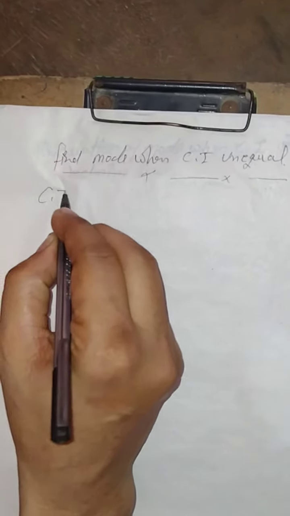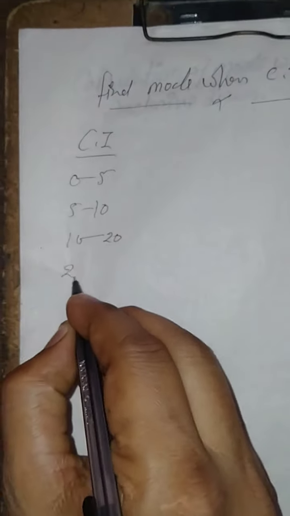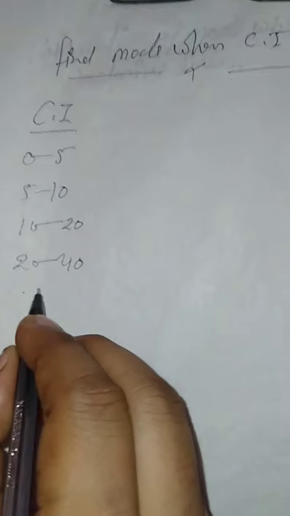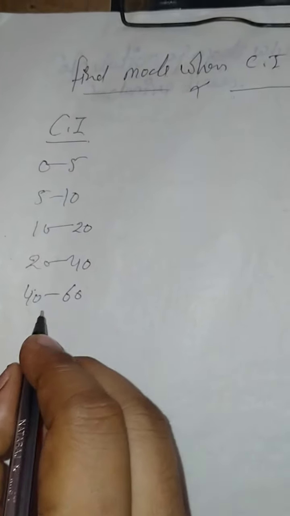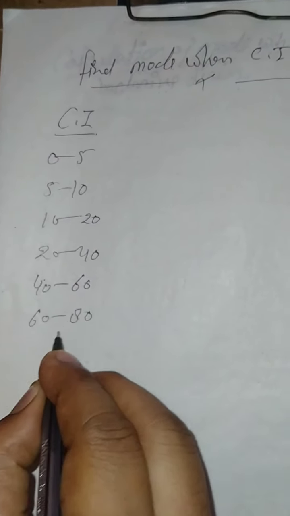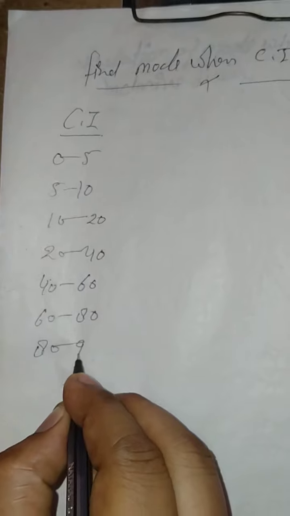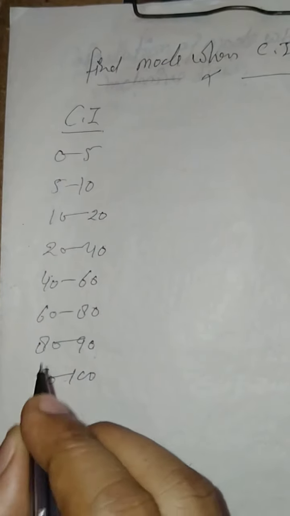For example, the class intervals are given as 0 to 5, 5 to 10, 10 to 20, 20 to 40, 40 to 60, 60 to 80, 80 to 90, and 90 to 100.